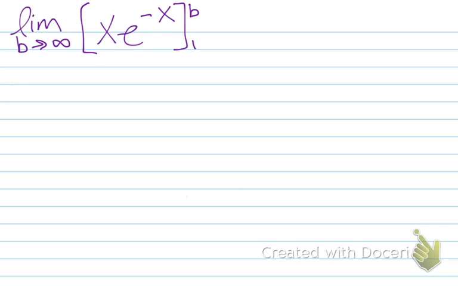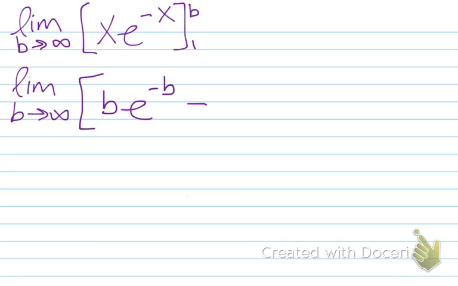So if I do my fundamental theorem of calculus, I get the limit as b goes to infinity of b e to the negative b minus 1 times e to the negative 1. So this is the limit as b goes to infinity. If I plug in infinity so far, I would get infinity times e to the negative infinity, which doesn't really help me out so much.